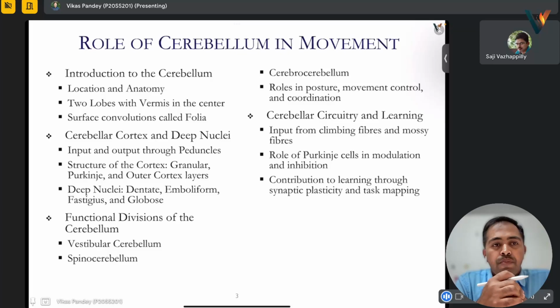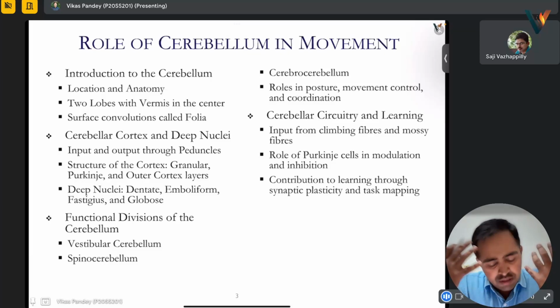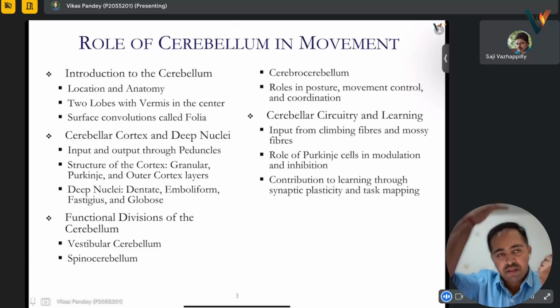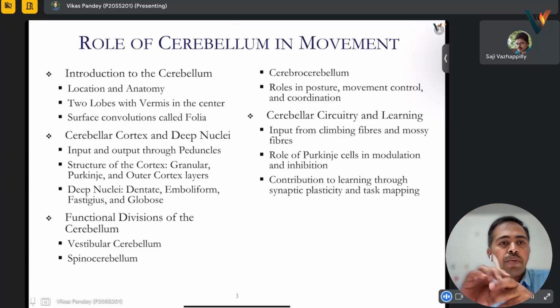Now in this week we had three lectures. First was the role of cerebellum in the movement. So cerebellum, we all know, is located on the top of the head. That's the biggest part we can say.